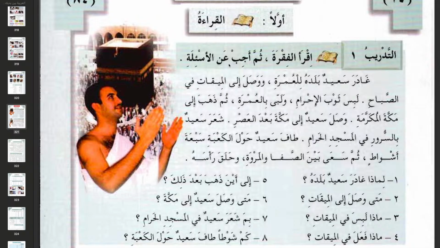So now if you want to say he answered the question, what are we going to say? Ajaba anis su'al. He answered the question. How do you translate the an? No need to translate it. You just translate the entire sentence to a suitable English sentence.